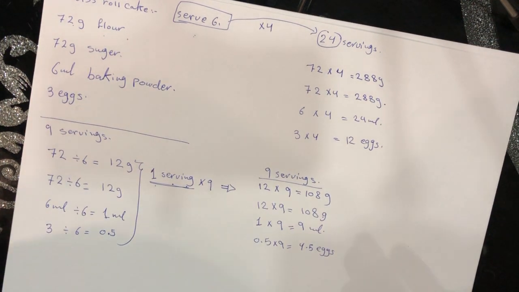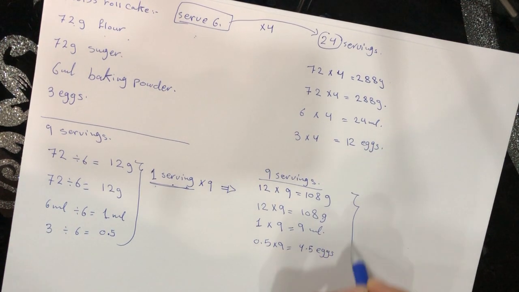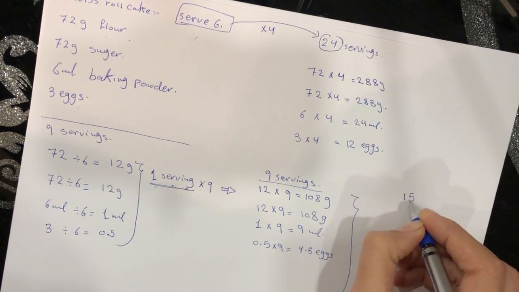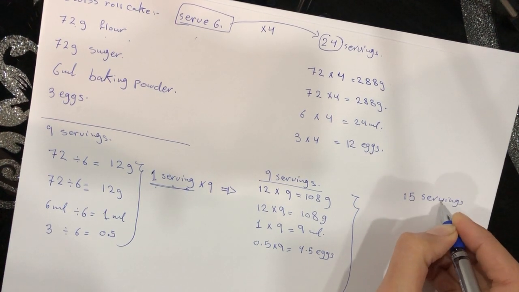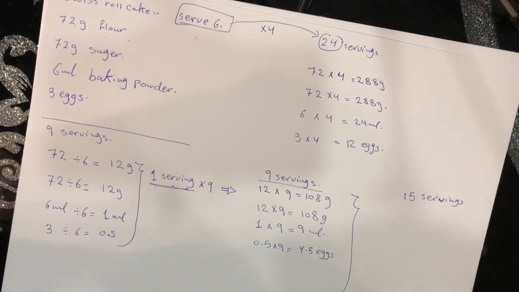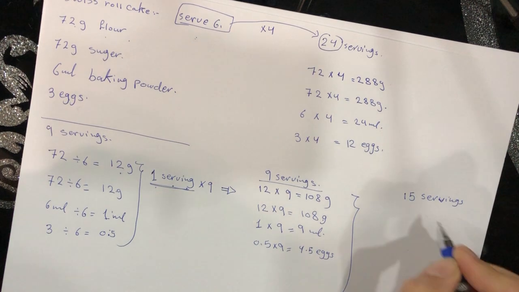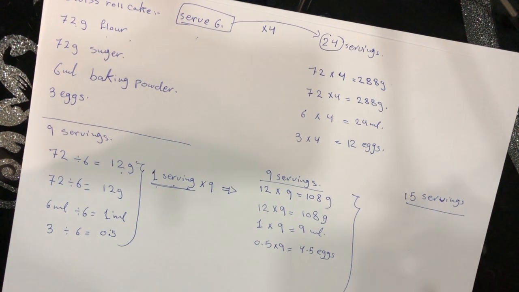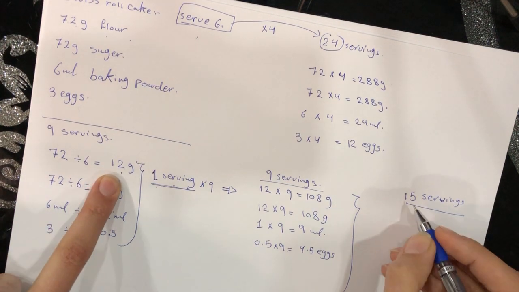And then let's say he asked me to find for 15 servings. I can do the exact same thing. For 15 servings, I will need to find how much I will need for 1 serving, and I already found that. I have the ingredients per 1 serving. Now all I need to do is multiply by 15.